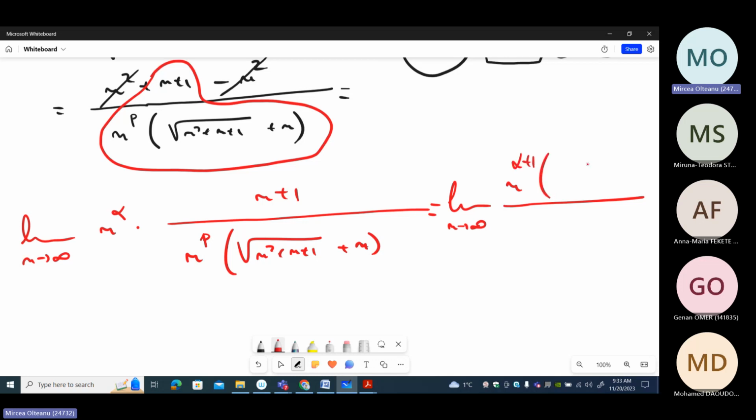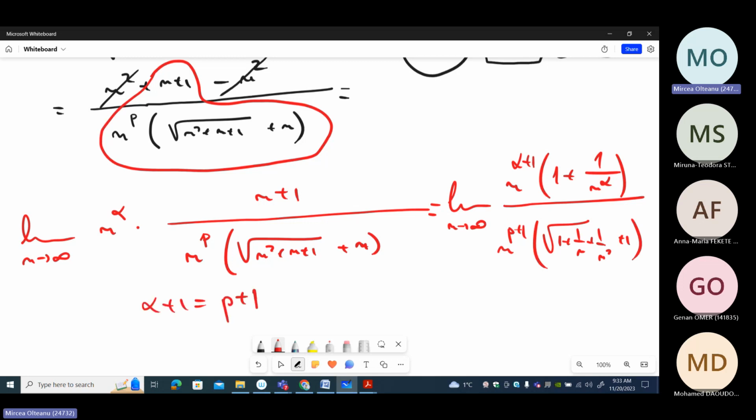If you take it in front, you'll get 1 plus 1 over n at alpha. And below, there will be n at p plus 1, because you will have something like that. And now, of course, alpha plus 1 must be equal to p plus 1. So alpha equals p.